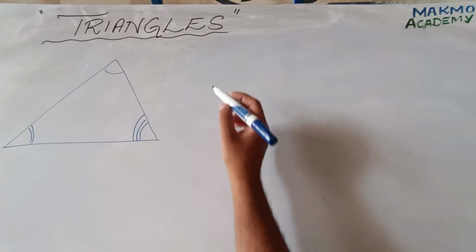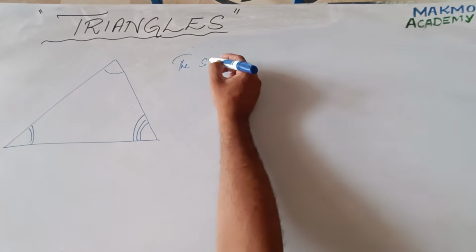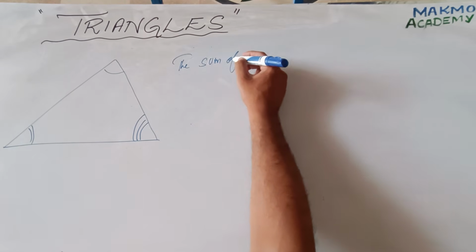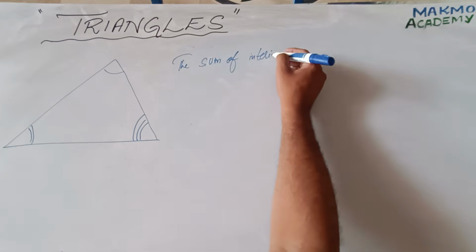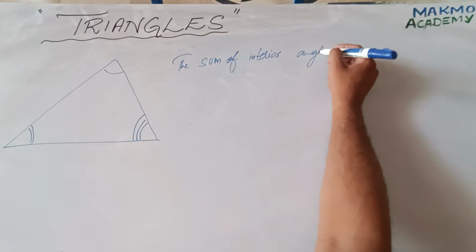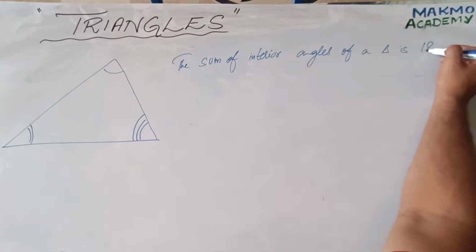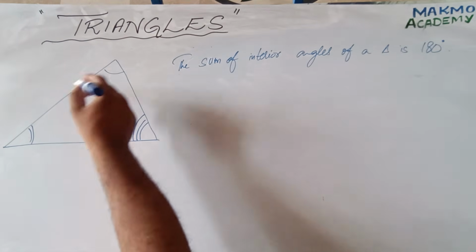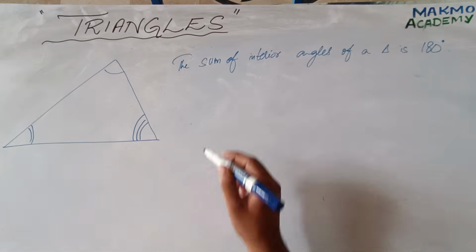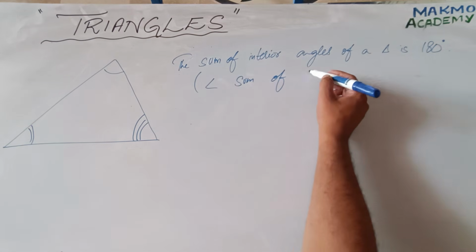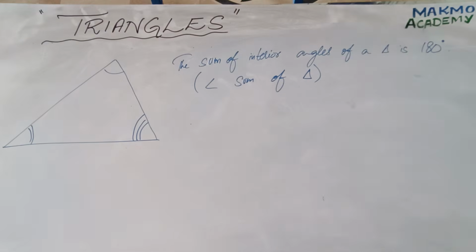In a triangle, the sum of interior angles is 180 degrees. It means that if we add up the size of all three angles, the sum would be equal to 180 degrees. This is the angle sum of a triangle, which is always equal to 180 degrees.